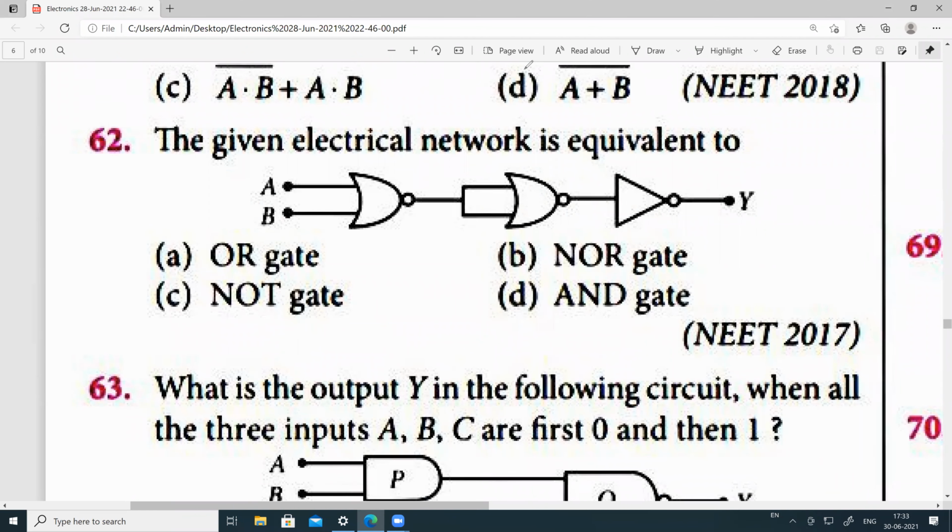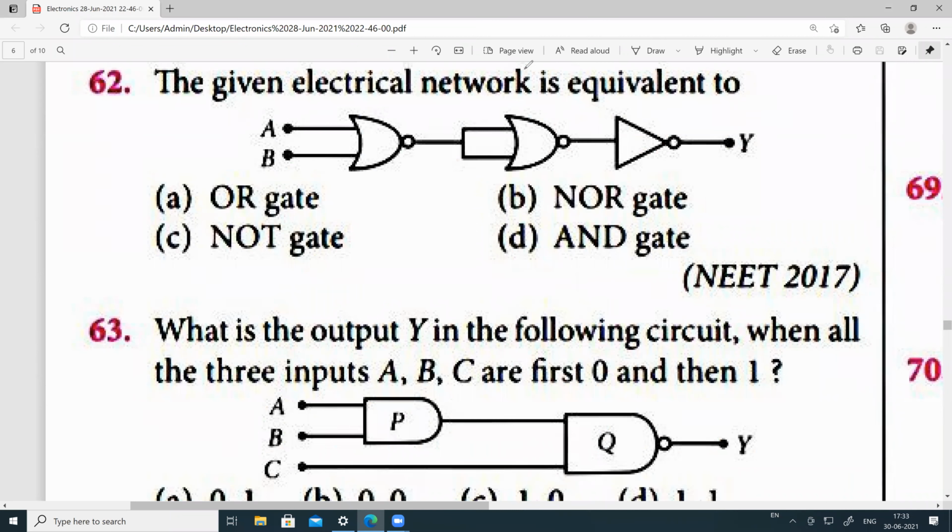62nd one. The given electrical network is equivalent to OR, NOR, NOT, they have given. So if you observe this one, the output truth table. If you are writing this one, the truth table for this is A, B, C dash and output Y. So here inputs are 0, 0, 1, 1 and 0, 1, 0, 1, and 1, 0, 0, 0 and here 0, 1, 1, 1.